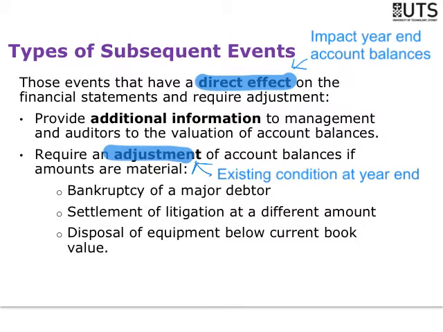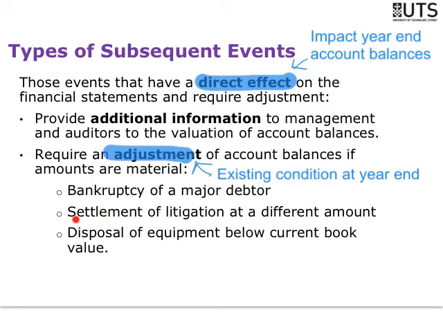The condition being that we expected to collect money from this debtor at the year end. But it turns out that this debtor went bankrupt, and now we need to adjust for that. So for the second scenario, the settlement of litigation at a different amount.